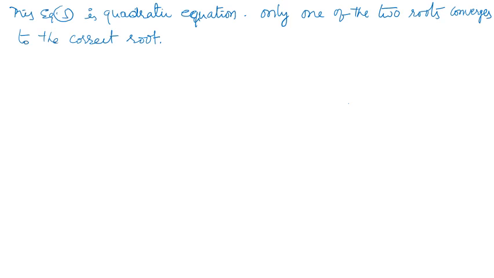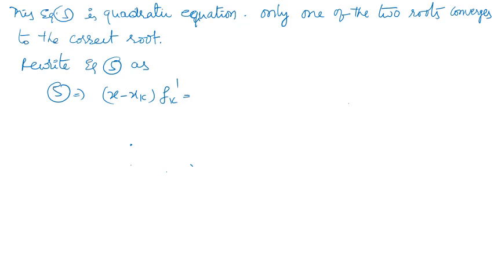In order to get the next approximate root, see this equation. Rewrite equation 5, from equation 5, one can write the second term x minus xk times fk dash equal to minus fk.